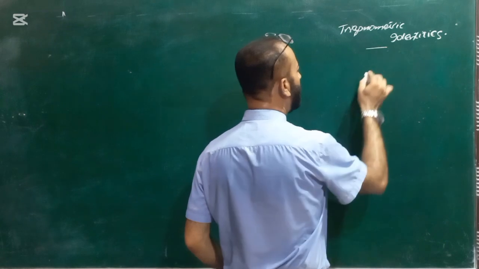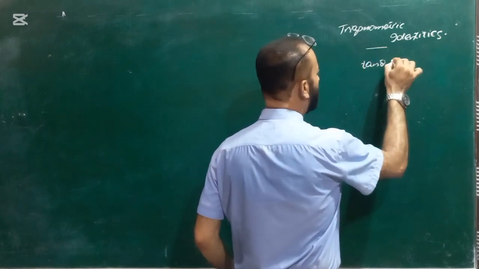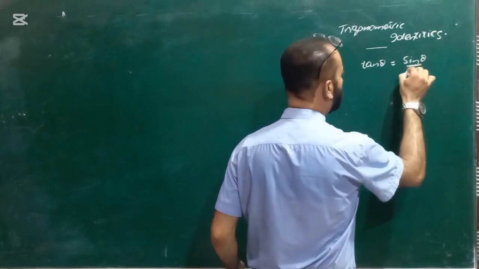So the first thing that you have to learn and understand is the formula tan theta is equal to sine theta over cos theta.